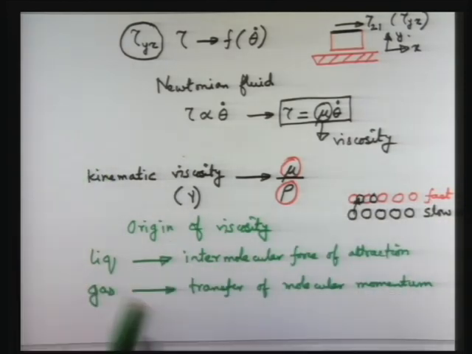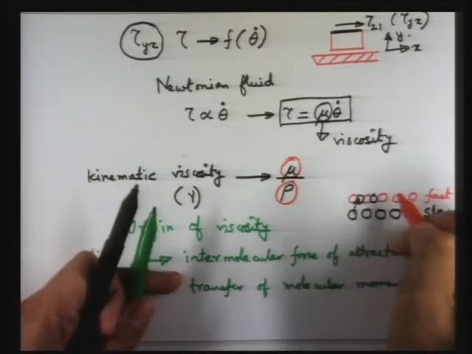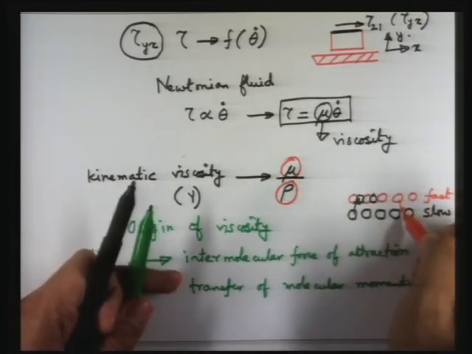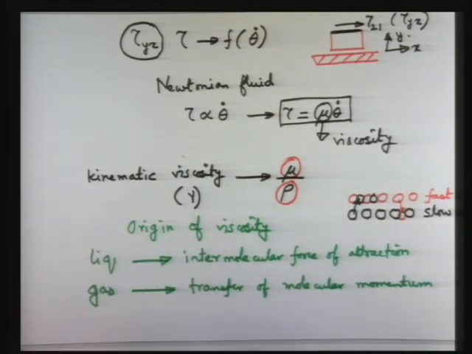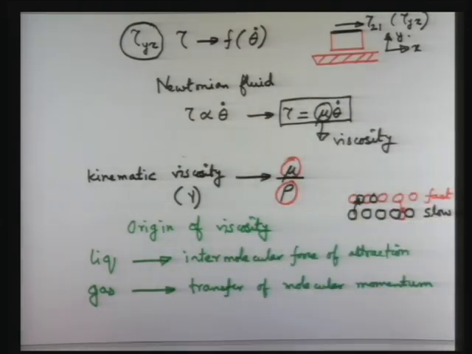On the other hand, if the fast moving layer of molecules joins the layer of slow moving molecules, what does it do? It tries to enhance the speed. That means the exchange of molecular momentum is trying to create a disturbance in momentum.